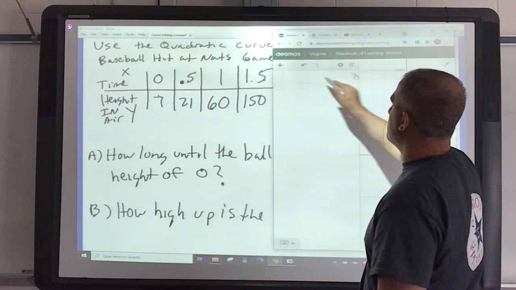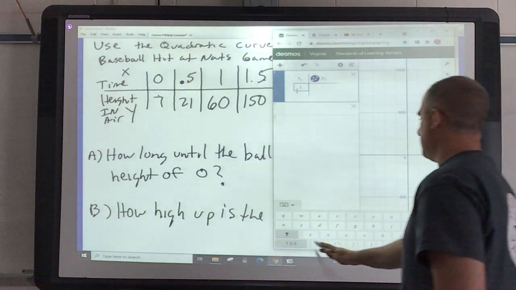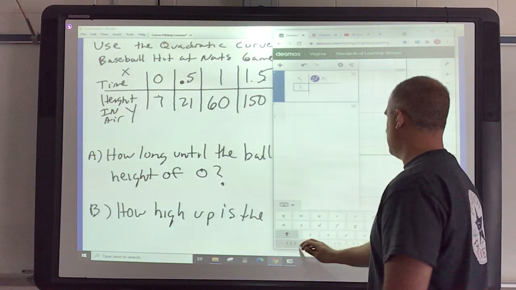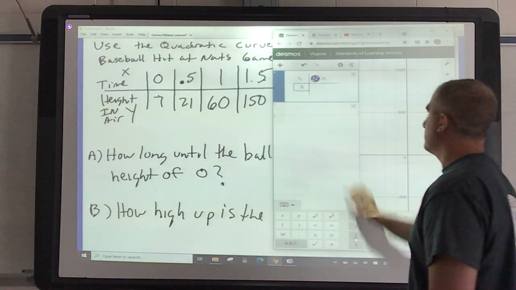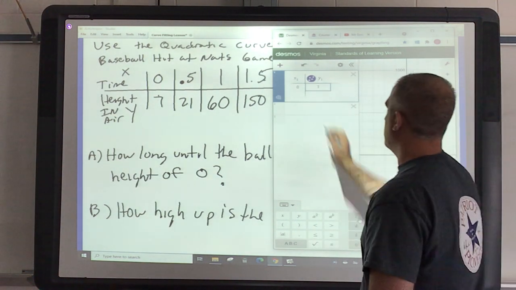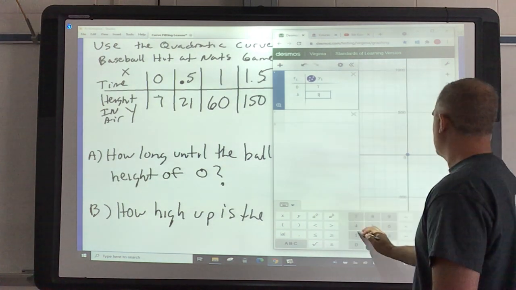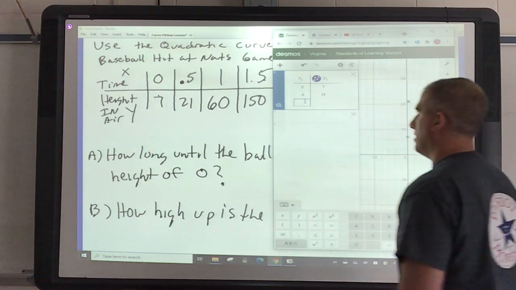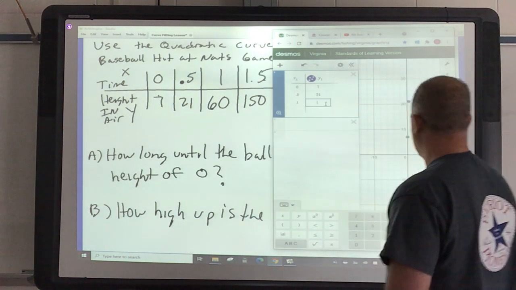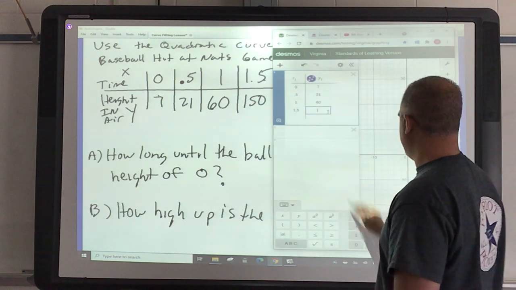So I'm going to start by just making the table again. All right. So I got 0, 7. Okay. 0.5, 21. I'm going to zoom in. Okay. 160. 1.5, 150.